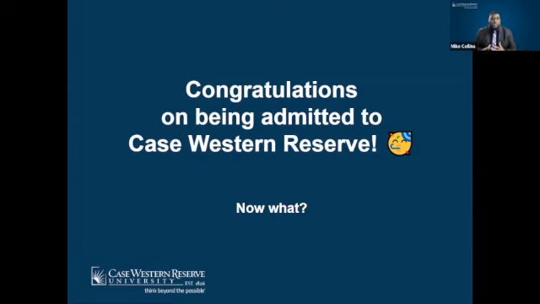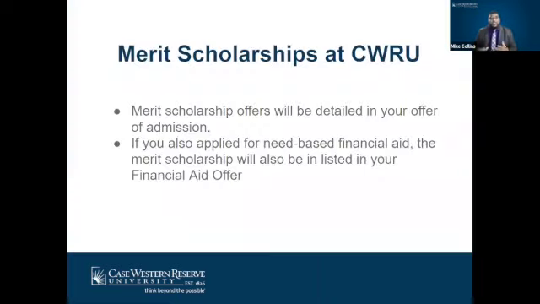Now, everyone should have received their offer of admission. That information would have been sent out to you all electronically. You would have been able to go into your admission portal and just see that congratulations. And also included in that offer of admission would have been any information regarding your merit-based scholarships.